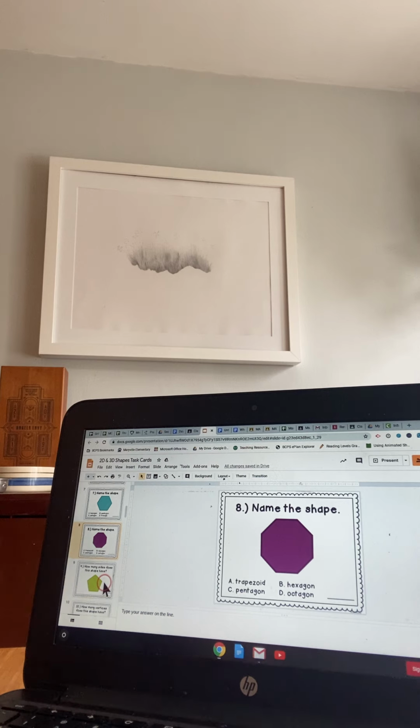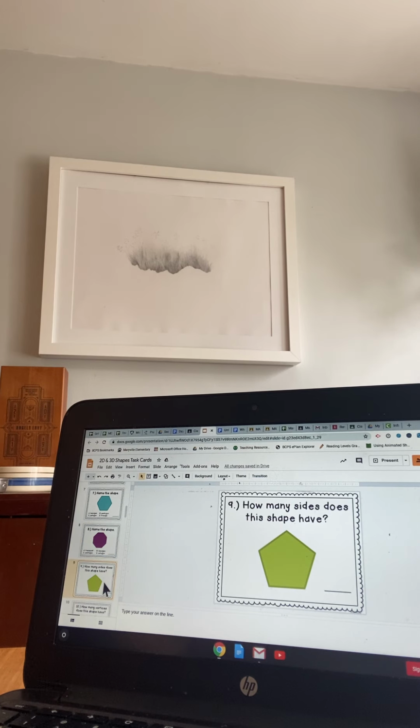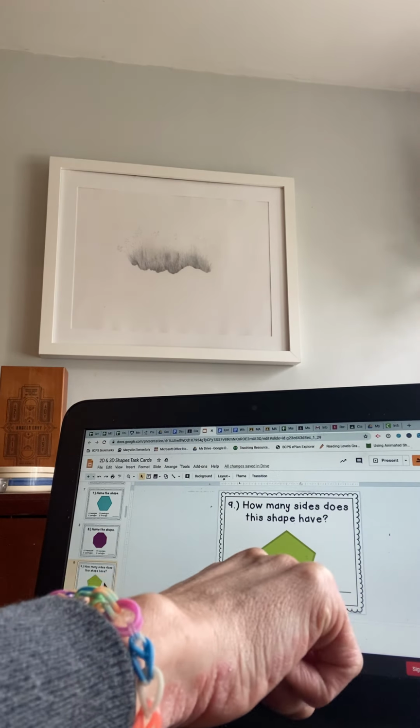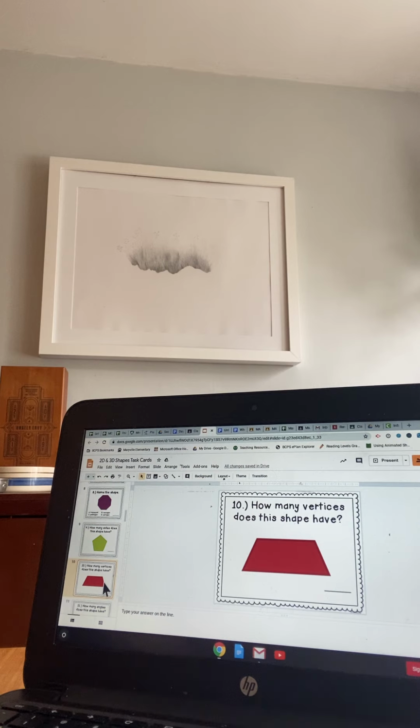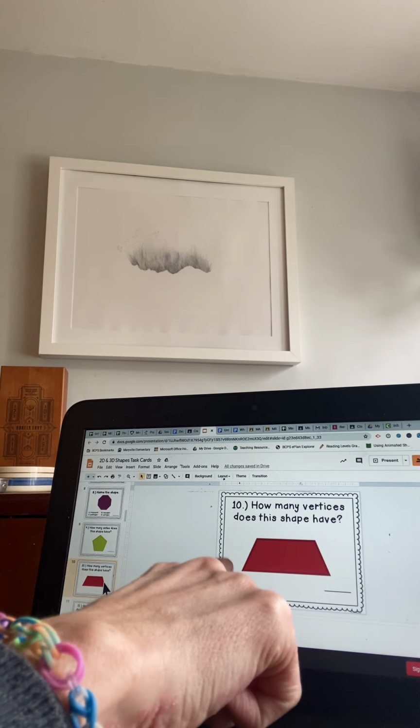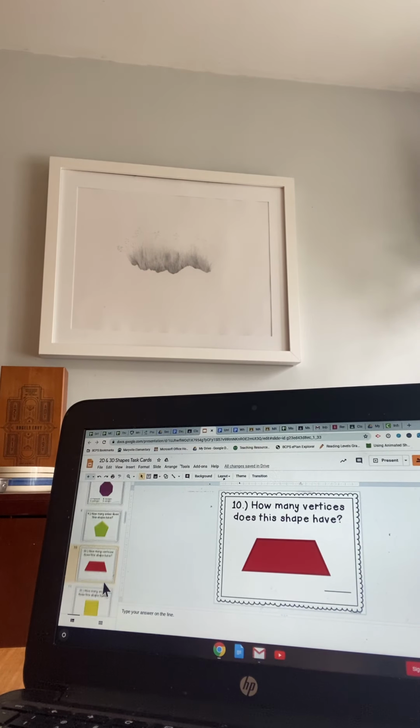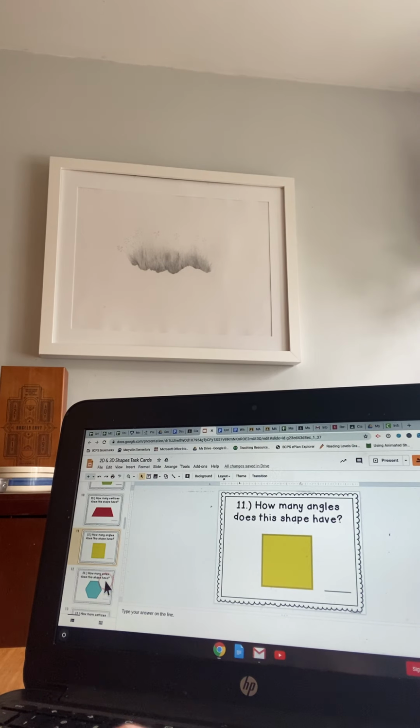So now this one wants to know how many sides does this shape have. So this is where you needed to count your straight lines. You should have said 5. This one wants to know how many vertices. That means corners. So you should have said 4 for that one. This one wants to know how many angles, which is also corners. So 4 for that one. This one wants to know how many sides.